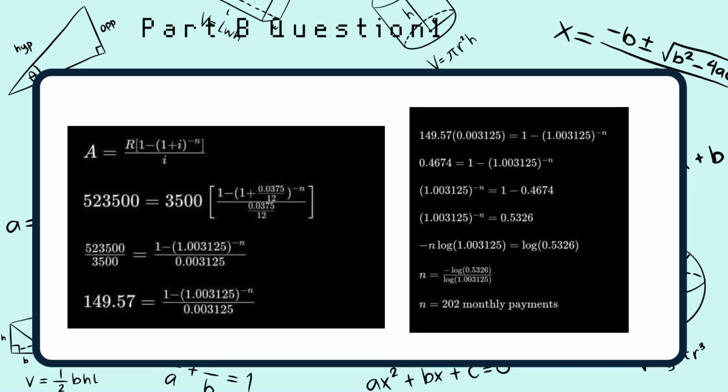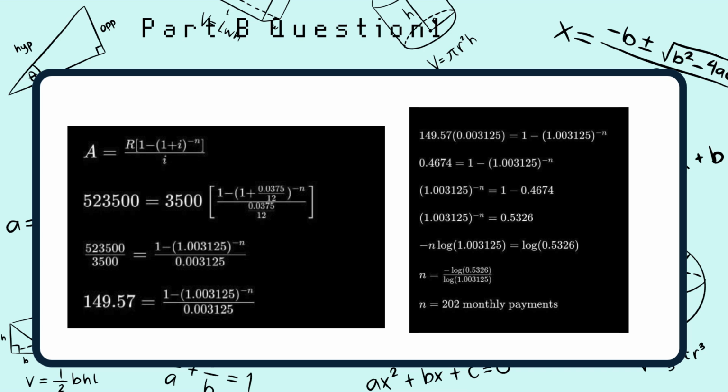So we calculate. We got 523,500 divided by 3,500 equals (1 minus 1.003125 to the power of negative n) divided by 0.003125.